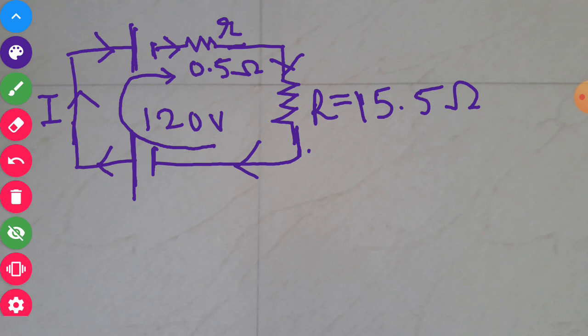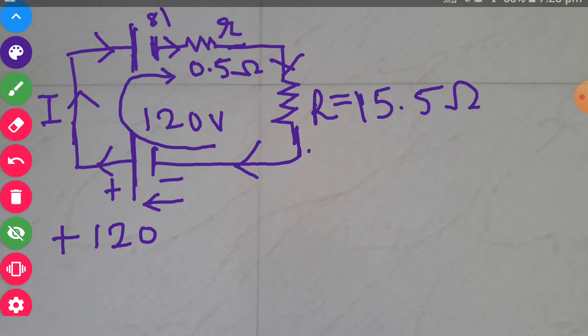I begin from this 120 volt battery, going from negative terminal to positive terminal. When I move from minus to plus, I take the sign of the terminal I reach, so I write plus 120. Then from plus to minus I am moving in this small battery of 8 volt.